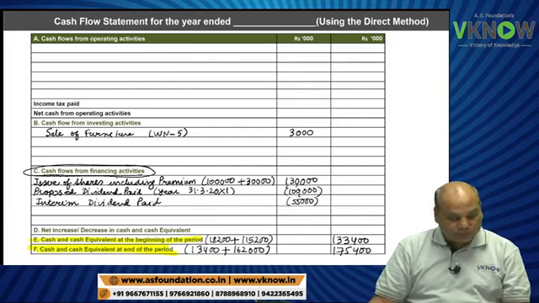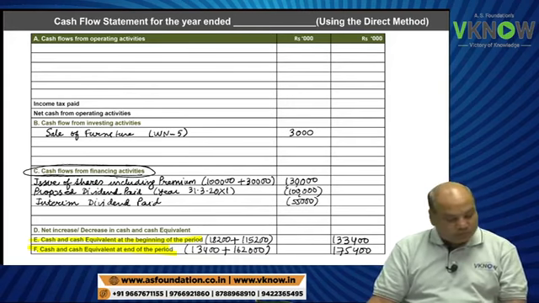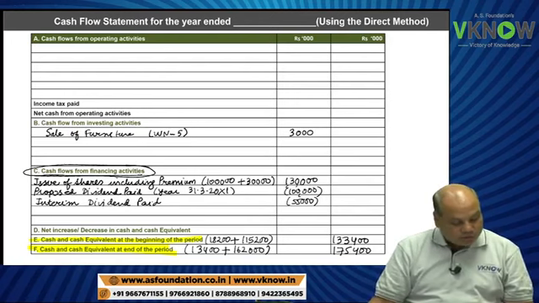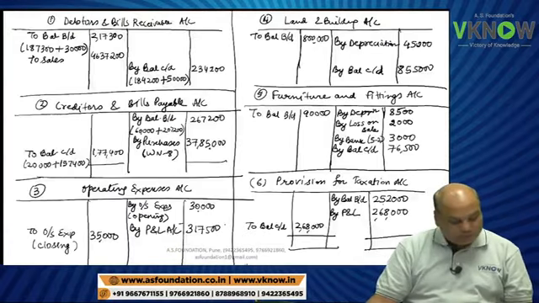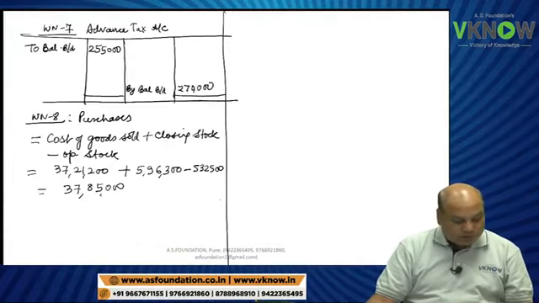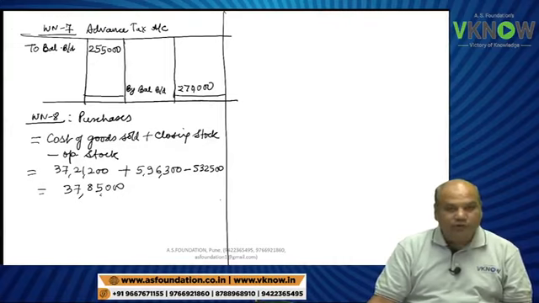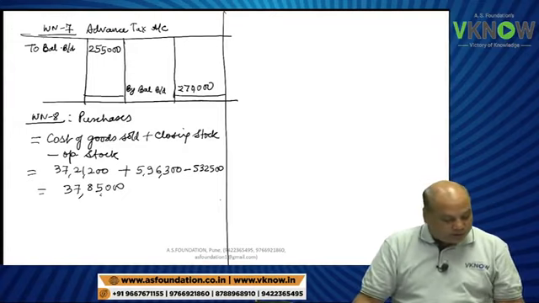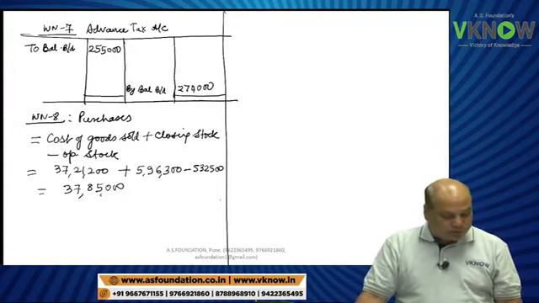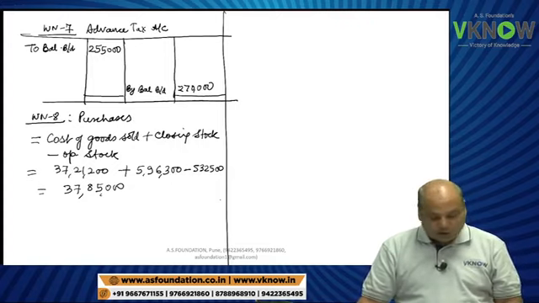Proposed dividend will not come. Transfer to general reserve will not come. And the last adjustment pending is A. Liability for income tax for the previous accounting year ended 31st March 2001 was fixed at 2,54,000, and hence a refund of 1,000 was received out of the advance tax paid for that year.